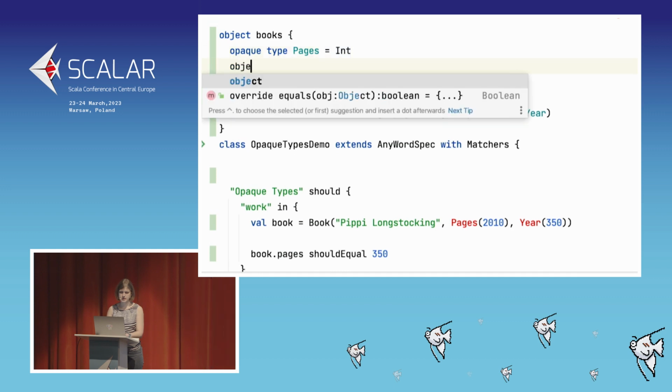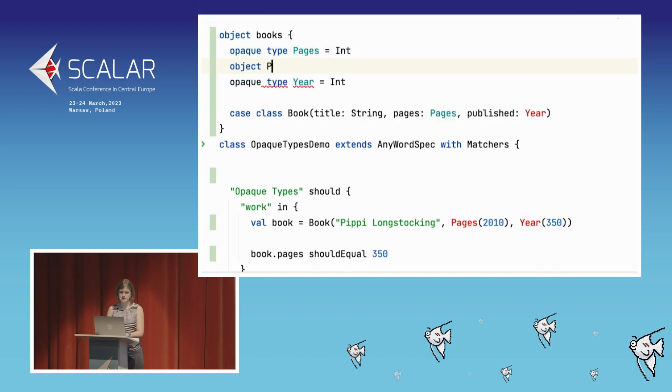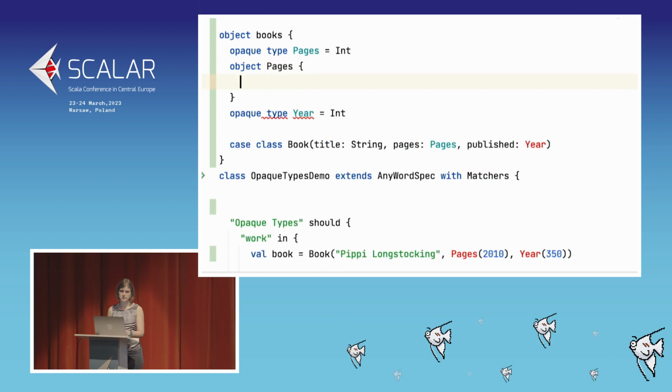We can create an object pages, which will have an apply method. So we can use that. So let's have an apply method, which will take an integer for the pages. So that's taking an integer and returning pages. And what would be the implementation of such a kind of a constructor? We can just pass the integer here, because we are in the scope where opaque types are defined.